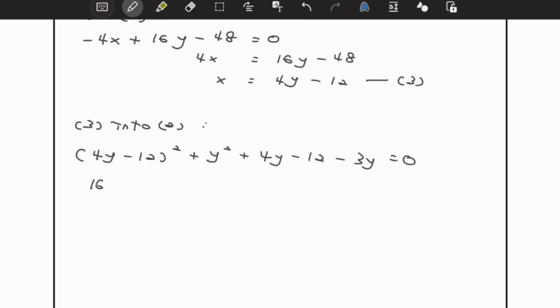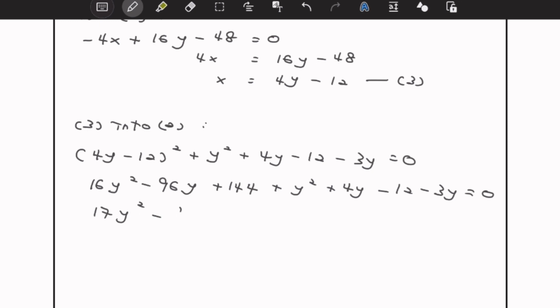So we will have 16y squared minus 96y plus 144 plus y squared plus 4y minus 12 minus 3y equals 0. Calculate this, and we get 17y squared minus 95y plus 132 equals 0.